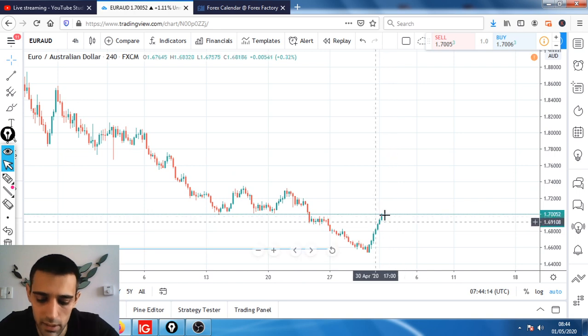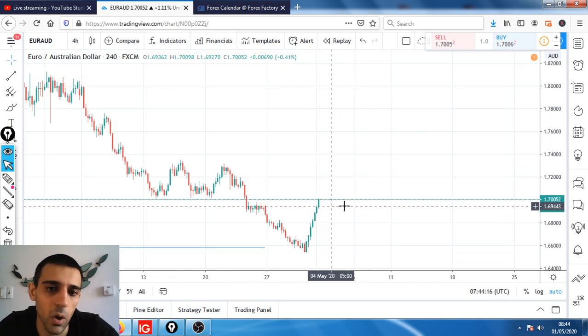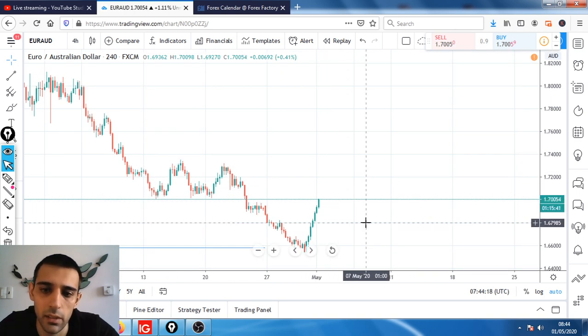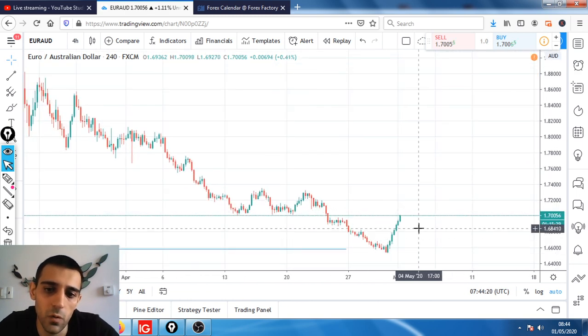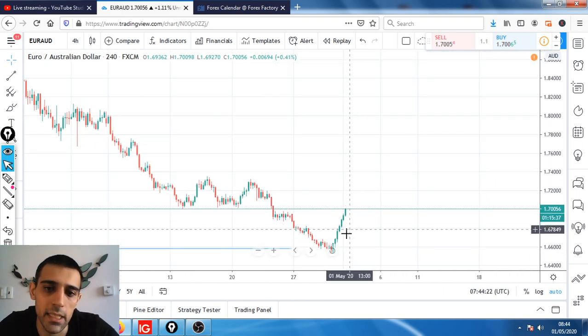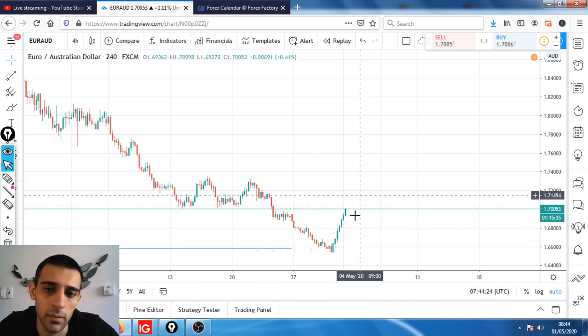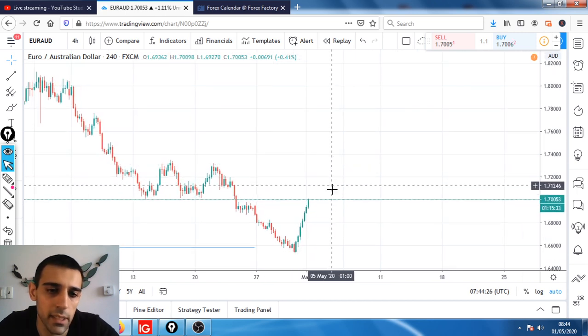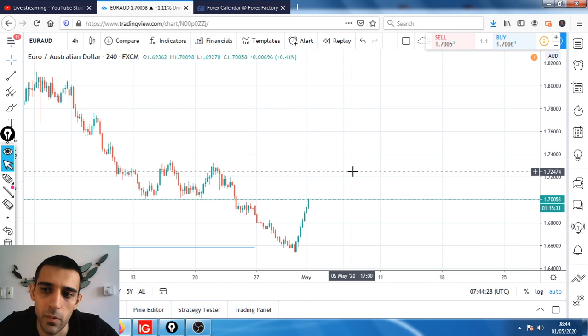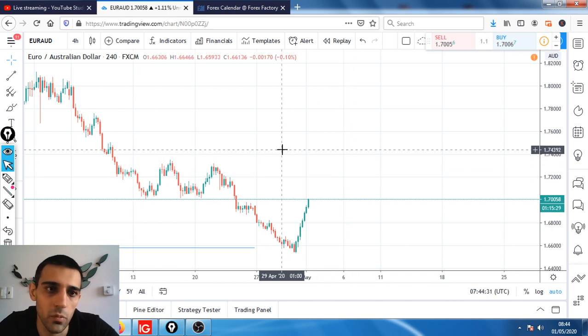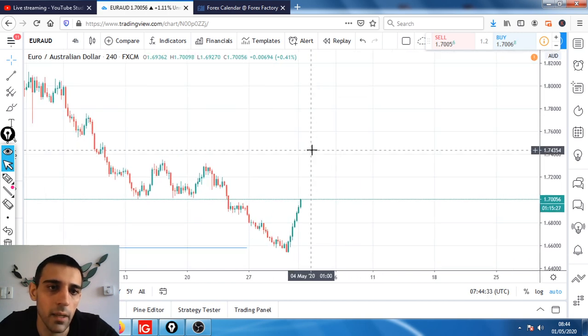But the candle is not closed yet. It's a 4-hour candle, so it has not closed yet. But so far, it looks pretty strong towards the upside. So I do think the price might even push to a pretty decent high.